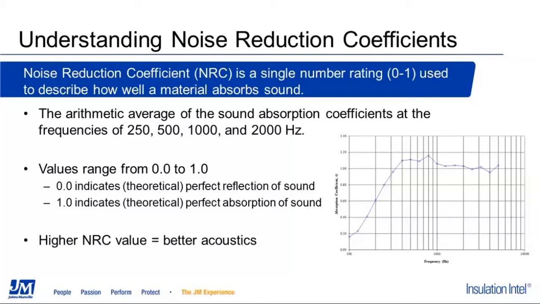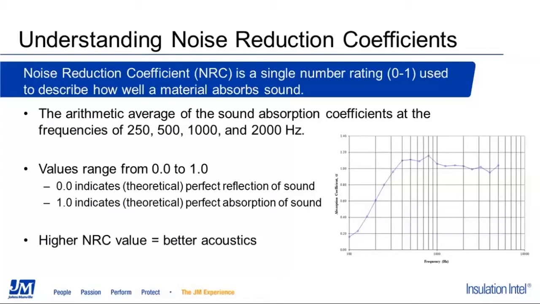We measure that via a reverberation room method, or ASTM C423, where you put a piece of insulation into the room and you hit that with different frequencies of sound, and you measure how much of that sound is absorbed versus reflected at different frequency bands.